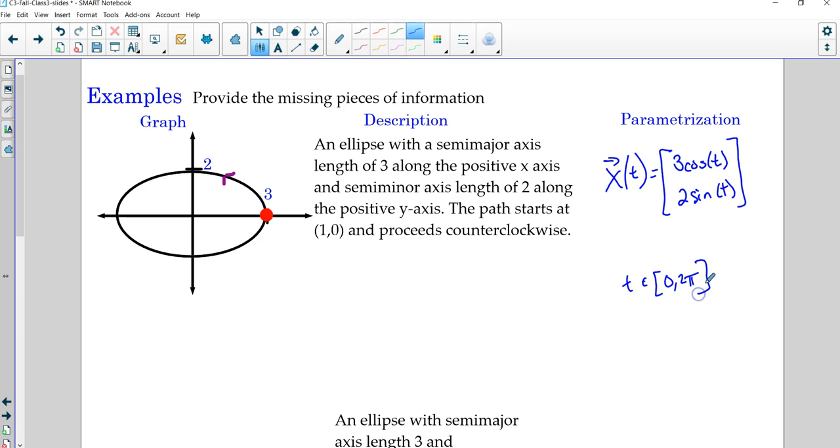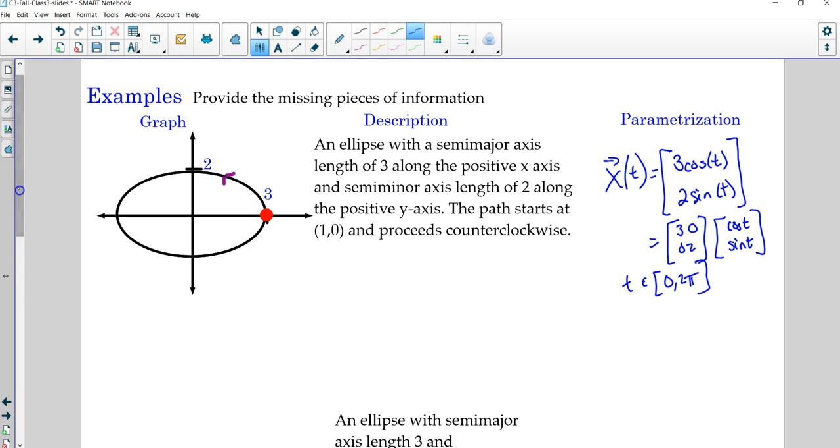Okay. The reason for this is that we can think of the traditional circle. So that would be cosine of t, sine of t. Okay. But we're scaling each axis a little bit, and that would be multiplying by the matrix 3, 0, 0, 2, which we learned back in Calc 2. All right, so that's the parameterization for this one, or I'll say a parameterization.